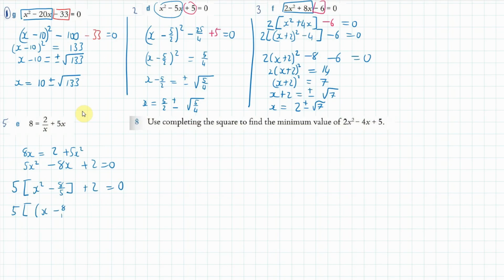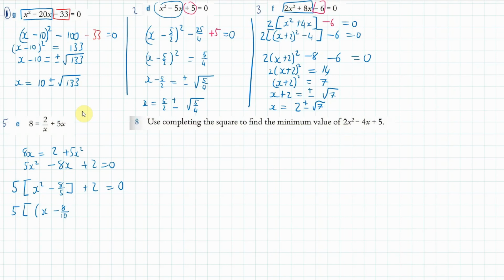And then I'm going to square that. Hang on, have I done that right? 8 over 5, yeah, halve it.